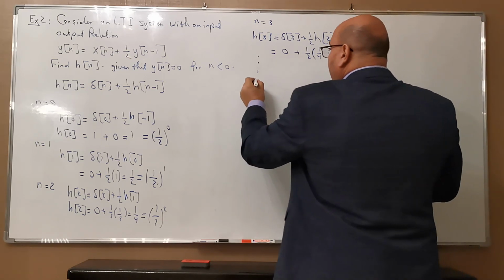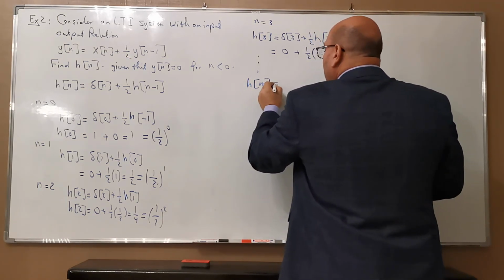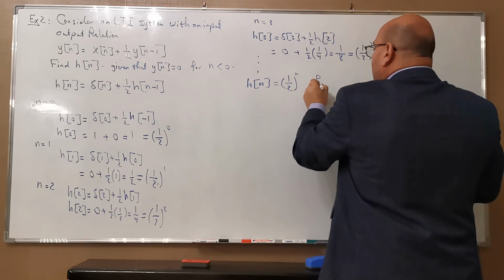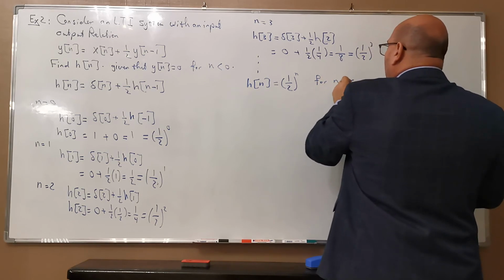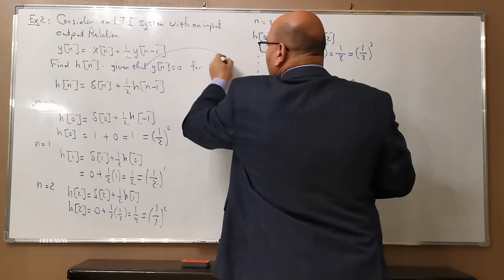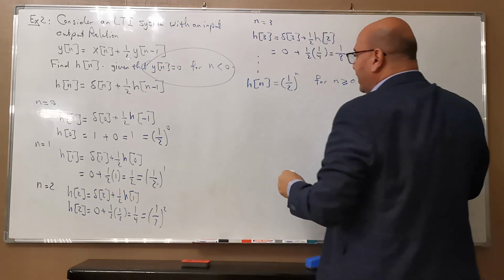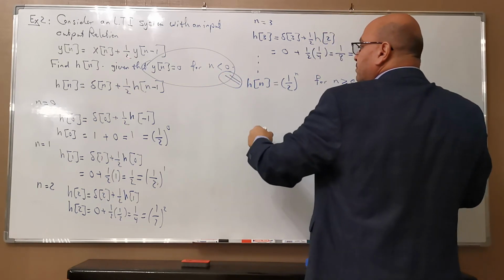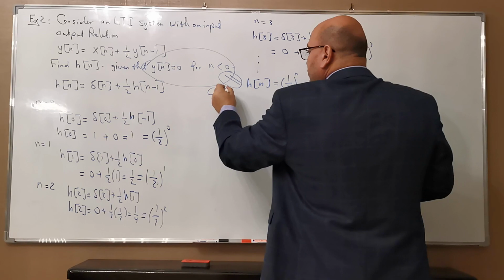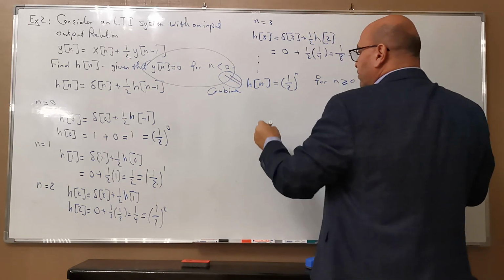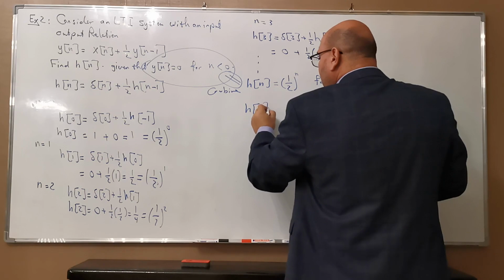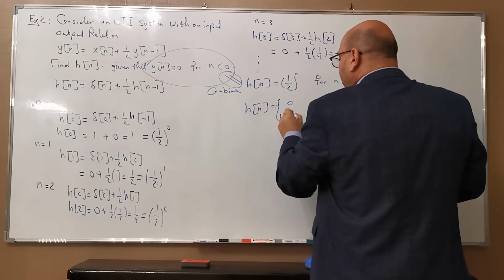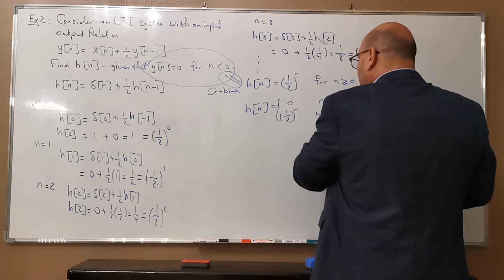And we can conclude that our h of n is equal to 1/2 to the power n for n greater than or equal to 0. And we have h of n equals 0 for n less than 0. So we can combine those two statements: h of n equals 0 for n less than 0, and 1/2 to the power n for n greater than or equal to 0.